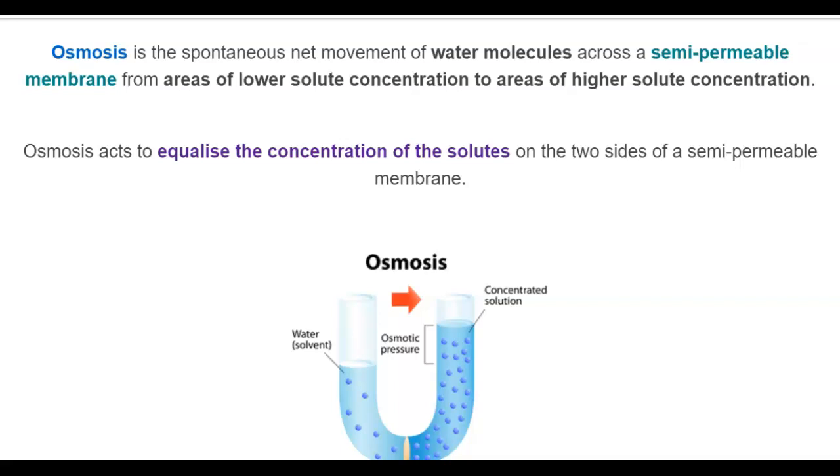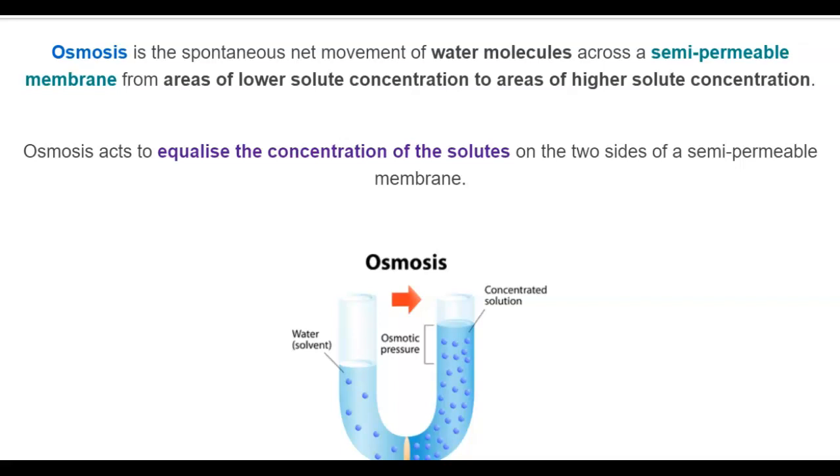We know what a semi-permeable membrane is, which means only small molecules can pass in and out by diffusion. Now, solute is kind of the opposite to solvent. So water is the world's most common solvent, and solutes are what we put into the solvent. So it might be sugar, it might be salt, for example.